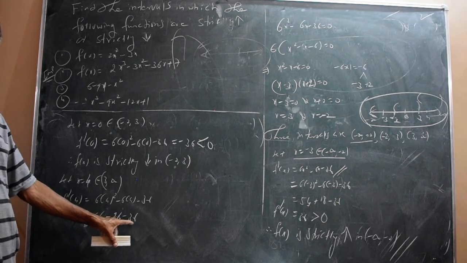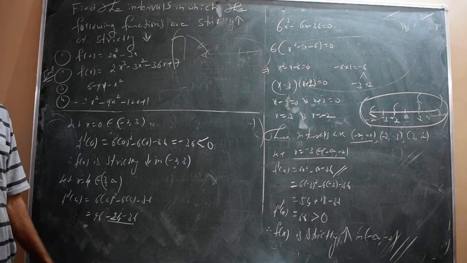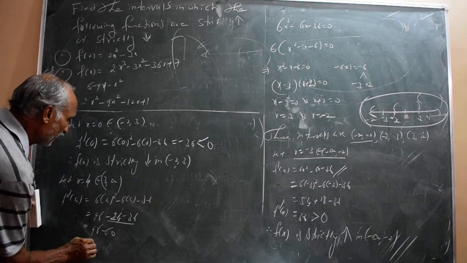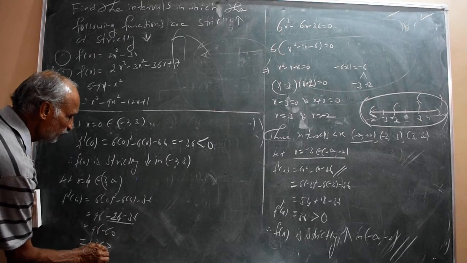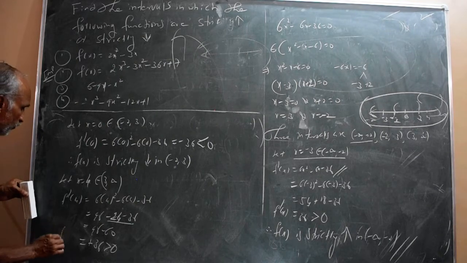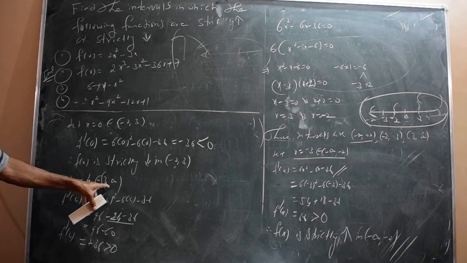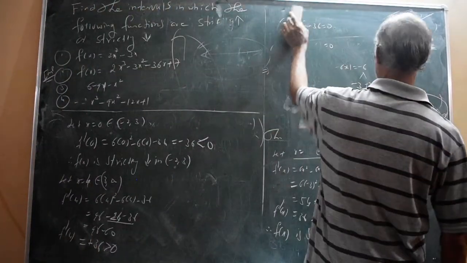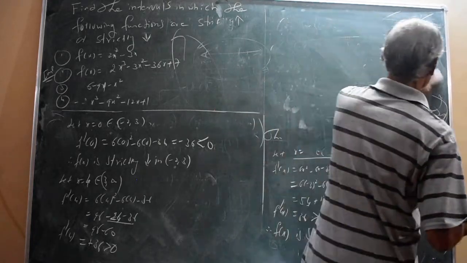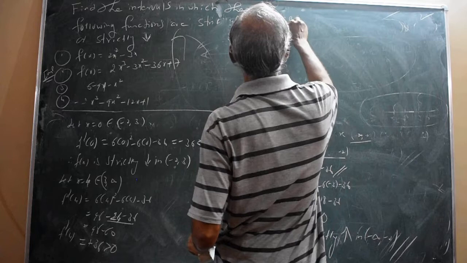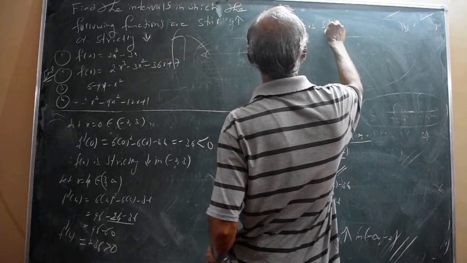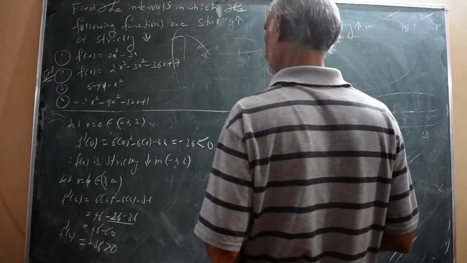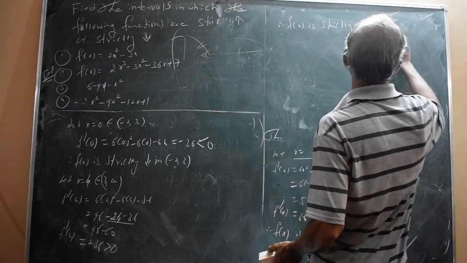So 24 plus 36 is 60, but both are minus, so minus 60. 96 minus 60 is plus 36, which is positive. Therefore, f dash of 4 is positive, meaning f of x is strictly increasing in that interval, 3 to infinity.